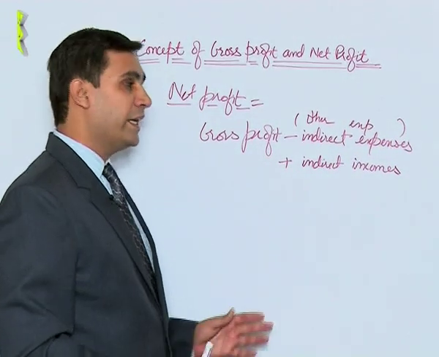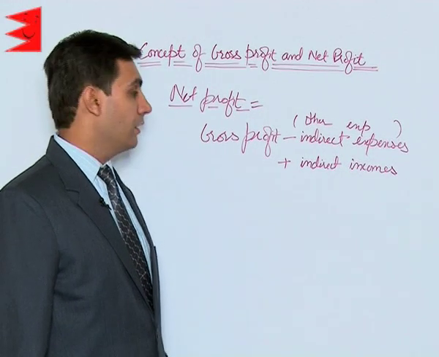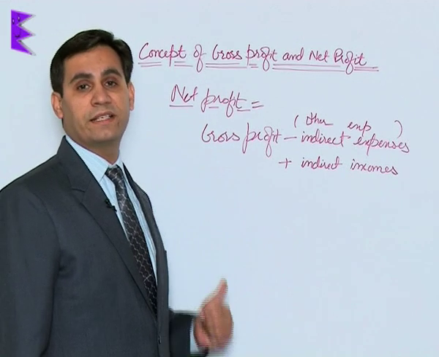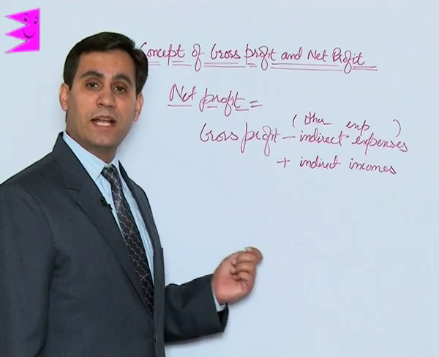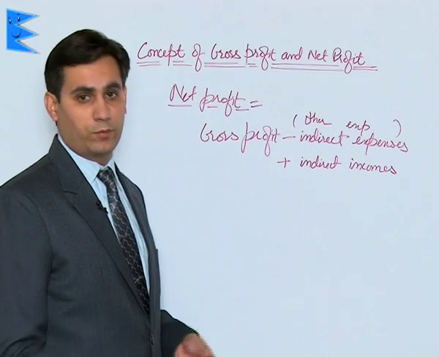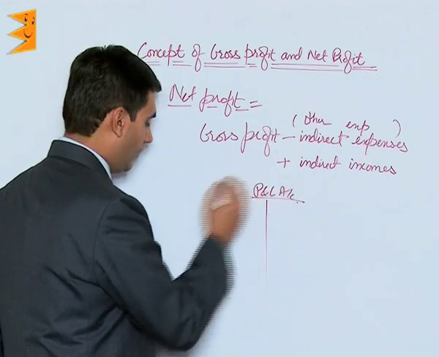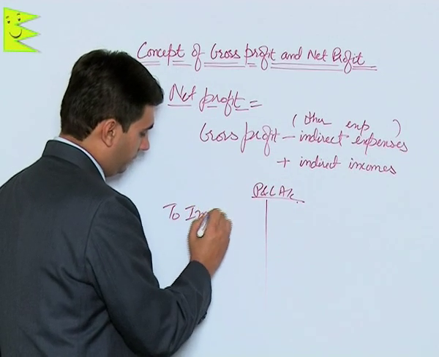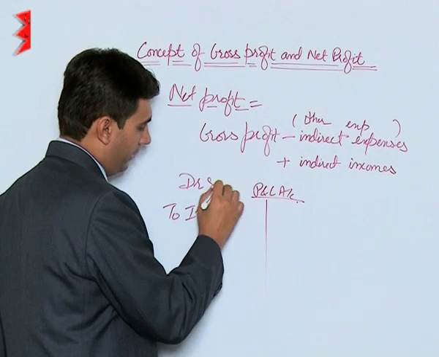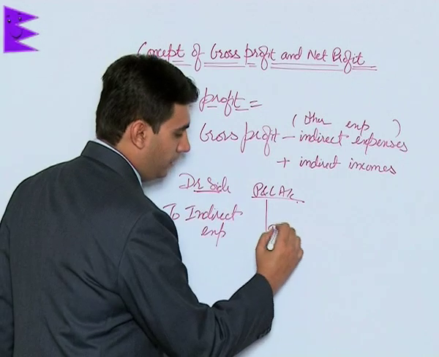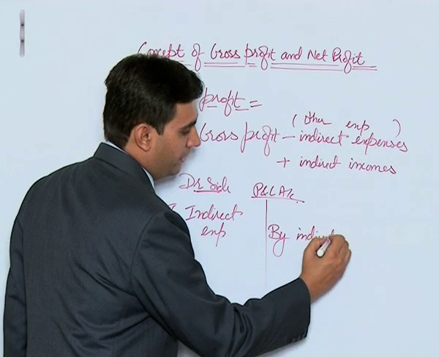So now students, all the indirect expenses are transferred to the debit side of profit and loss account, and all the indirect incomes are transferred to the credit side of profit and loss account. So the difference of the incomes and expenses would be taken as net profit. So in short, in profit and loss account, all the indirect expenses would be put on the debit side, and all the indirect incomes would be put on the credit side.